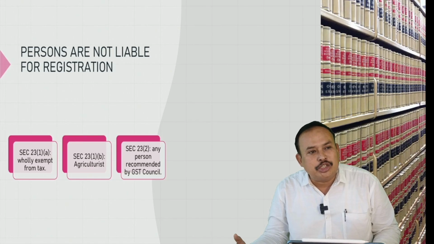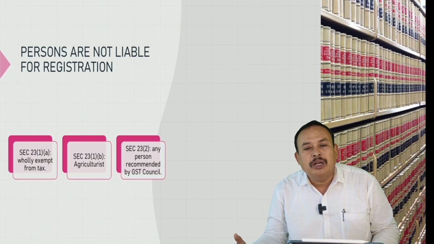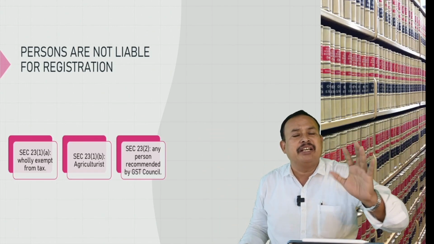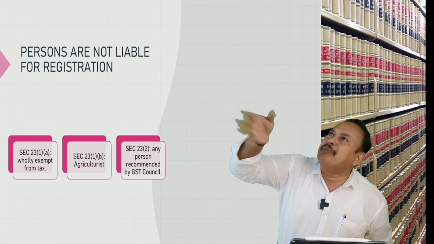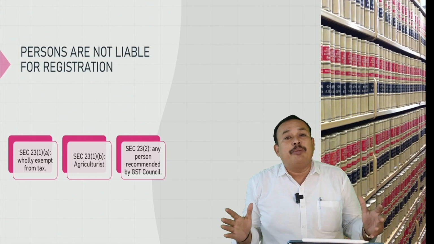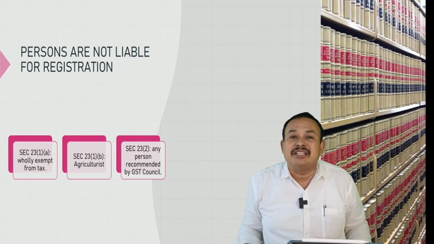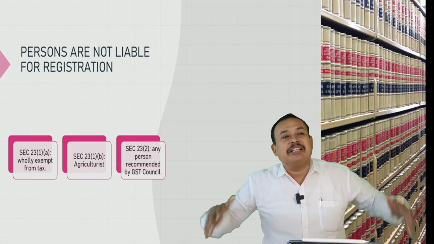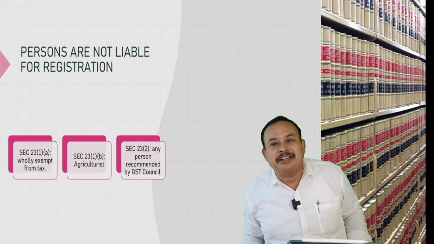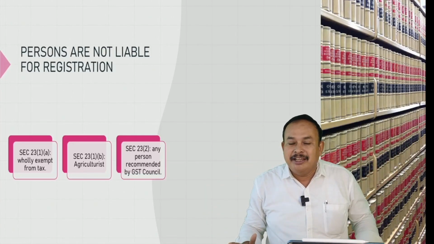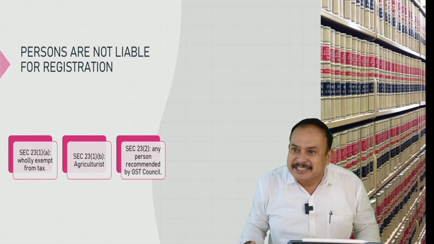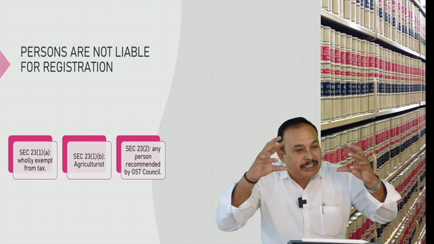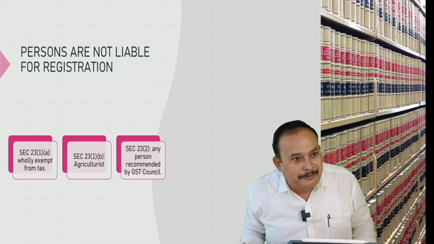Coming to section 23, subsection 2. If tomorrow, day after tomorrow, the GST Council says, hey government, you issue a notification saying that so and so class of persons are not required to register, then the government is bound to follow the recommendations made by the GST Council. Then they said, Bharatwaj Institute, not required for registration. They won't say they are not liable to pay GST, not liable for registration. Would the government say Bharatwaj Institute is closely associated with the government of India or is a government company?